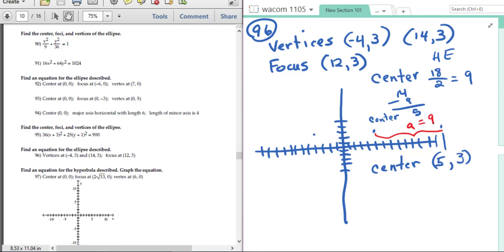This is from our center, and we said our center is 5, 3. So this should be x minus 5 squared over 81 plus y minus 3 squared over 32 equals 1.